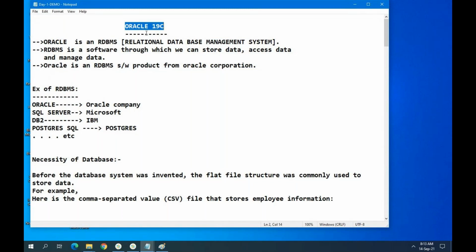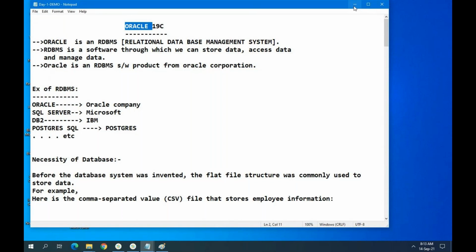It is also known as RDBMS, Relational Database Management System. What is the use of RDBMS? Store data, access data, and manage the business data. We can store, access, and manage the business data by using Oracle RDBMS.